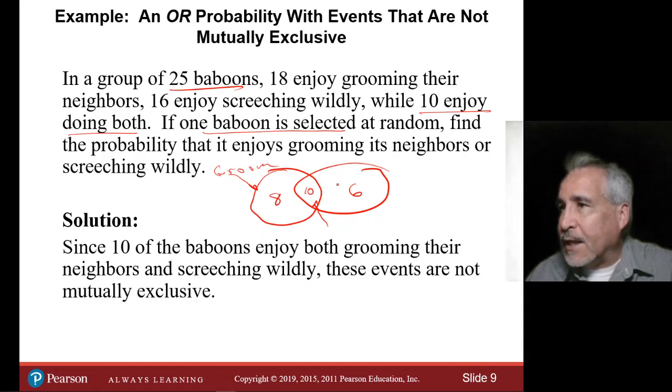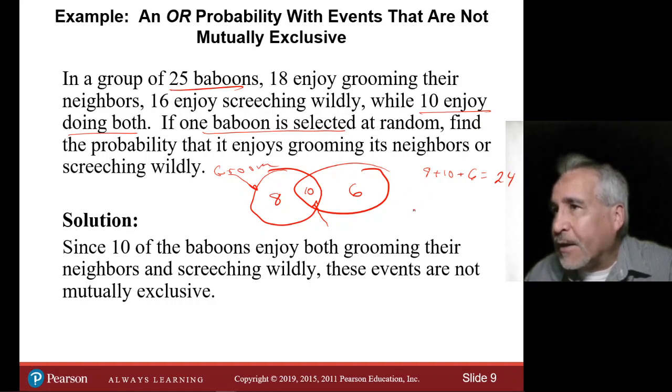There's 18 plus 6 more would be 24. 18 plus 6 is 24, or 16 plus 8, that's going to give us 24 total. So there's one baboon that doesn't enjoy doing either of them.